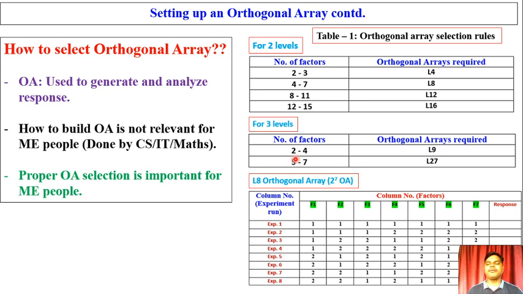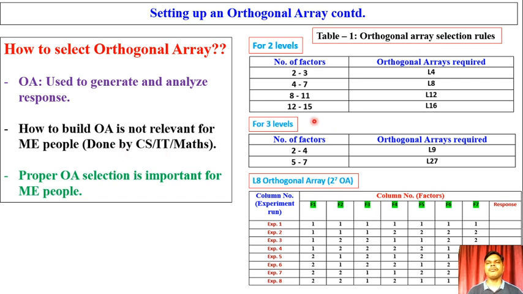So what we do, we have a set of orthogonal arrays proposed by Dr. Taguchi and other scientists. So we can choose suitably any of the orthogonal arrays for our particular purpose. So proper selection is important for us, as mechanical engineering people. If somebody wants to build an orthogonal array, he wants to design a program to write an orthogonal array. So that is basically done by the CS, IT or mathematics people.